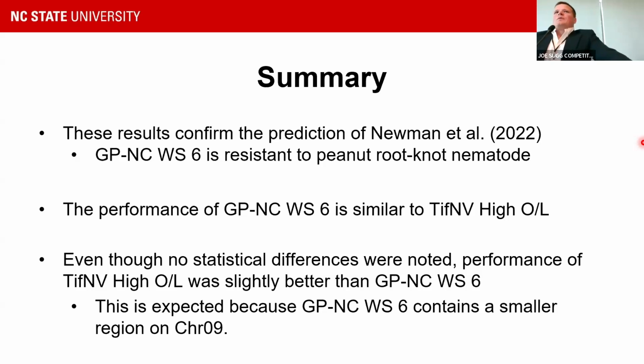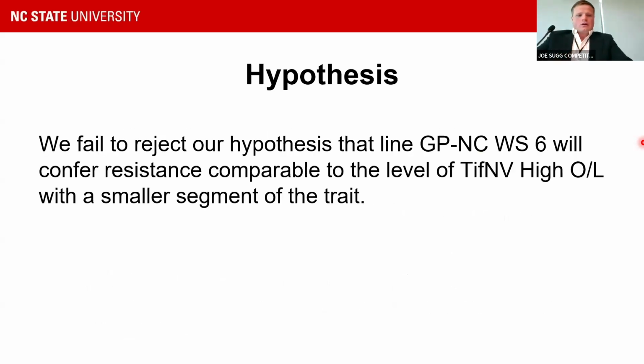And this is slightly what we expected due to the considerably smaller introgression on the GPNCWS6 line. Just to revisit our hypothesis, we failed to reject our hypothesis that GPNCWS6 will confer resistance comparable to that of the TIFF-NV line, even though it has the smaller introgression.